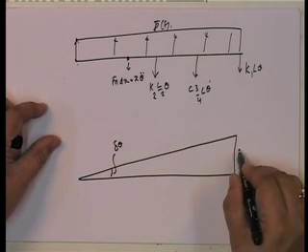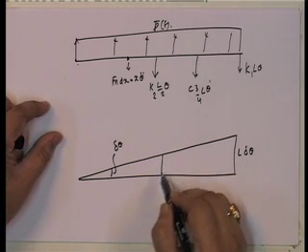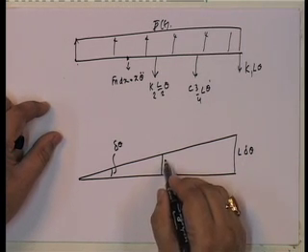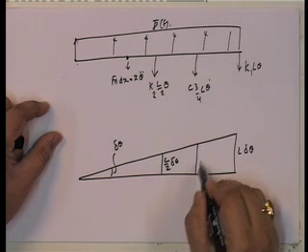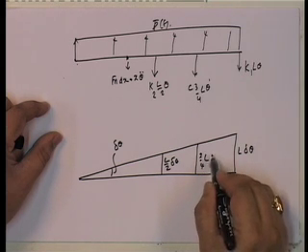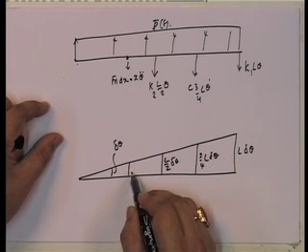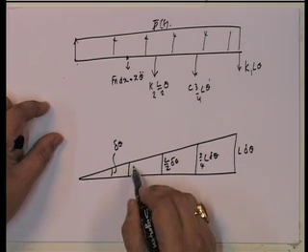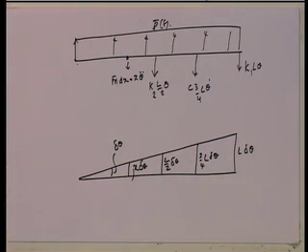So, what is this? At this point it is L into delta theta, at this point L by 2 delta theta, at this point 3 by 4 L delta theta, and at any point it is x into delta theta.